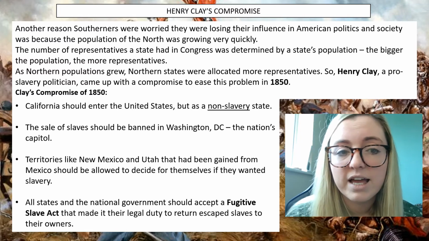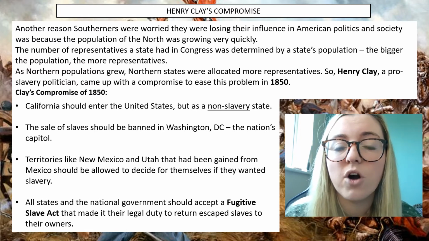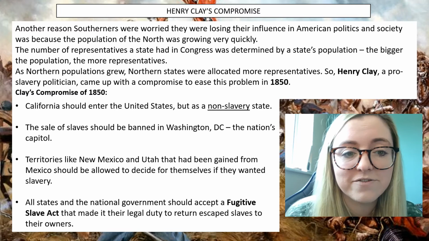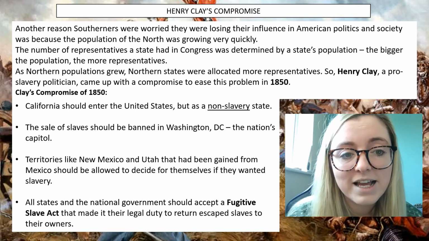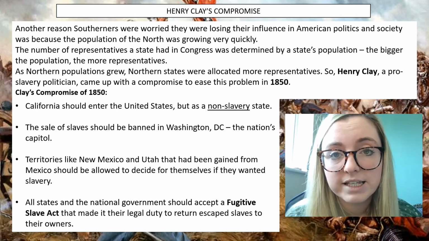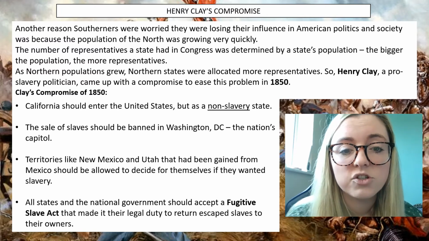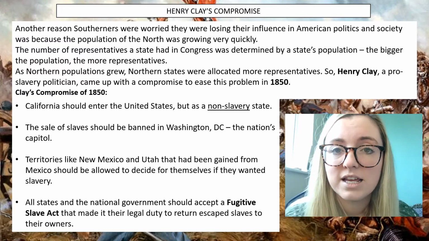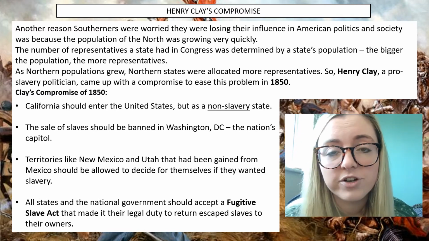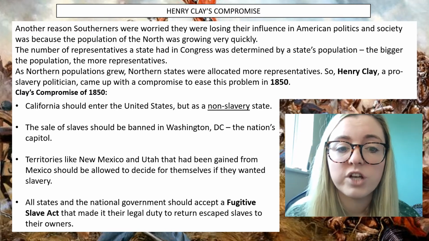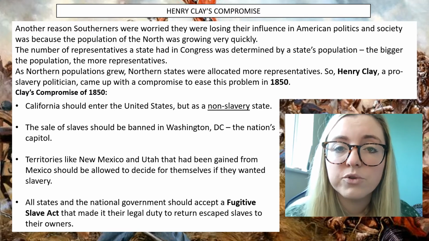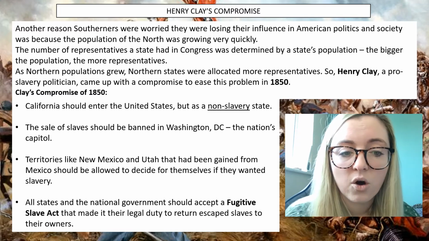So Henry Clay, a pro-slavery politician, came up with a compromise to ease the problem in 1850. And he said that California should enter the United States, but as a non-slavery state. The sale of slaves should be banned in Washington, D.C., the nation's capital. And territories that had recently been added, such as New Mexico and Utah, were able to vote on whether they wanted slavery or not.